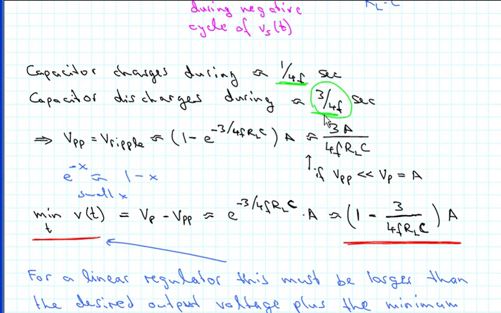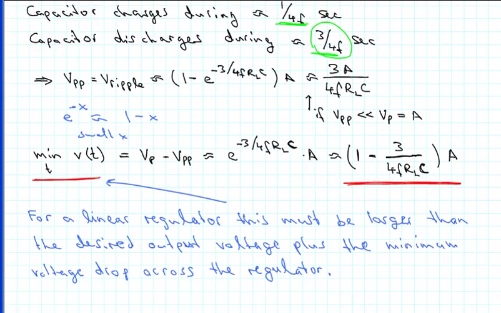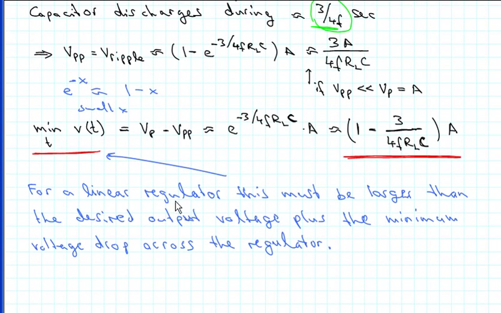Again, that is a consequence of the discharge time being approximately 3 over 4f, then times A. And if we use the approximation from up here, which is true for peak-to-peak voltage much less than the peak voltage, then we get 1 minus 3 over 4f RLC times A. So that's the bottom of the ripple voltage, and for a linear regulator this has to be larger than the desired output voltage plus the minimum voltage drop across the regulator.